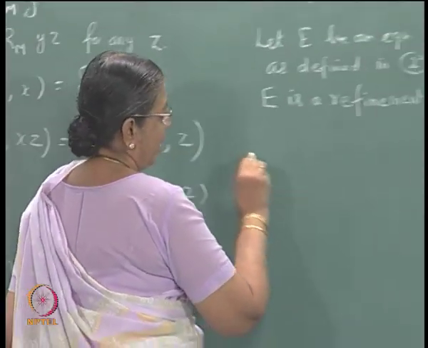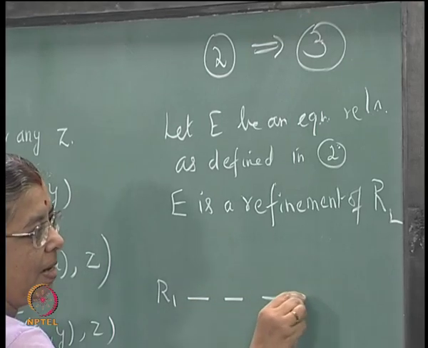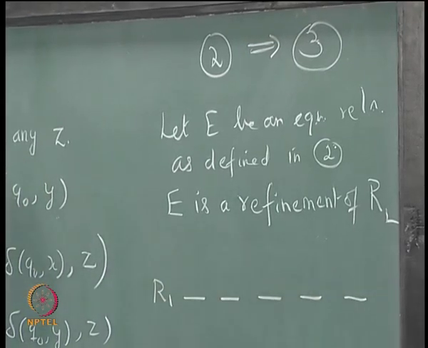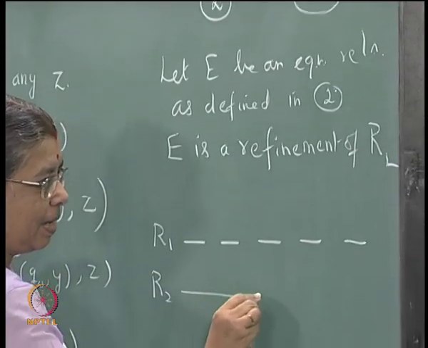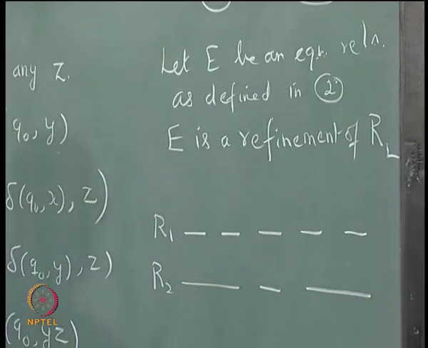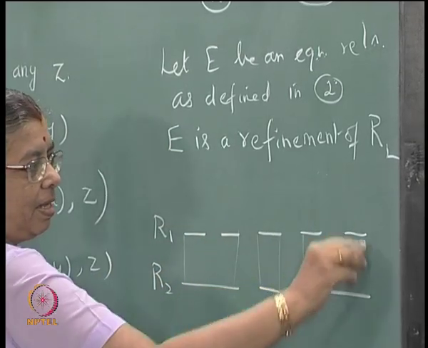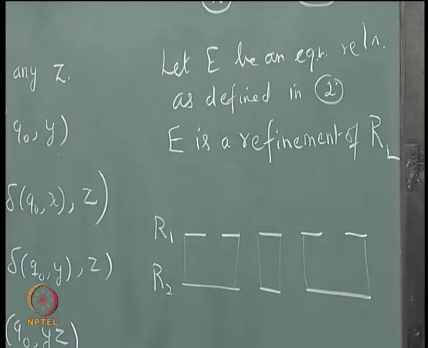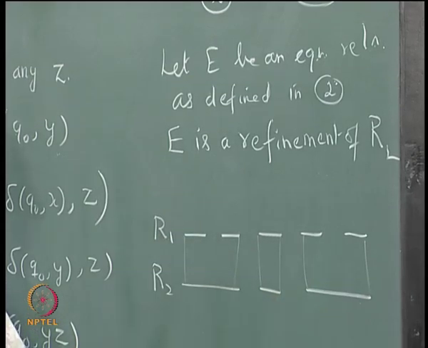See, there is one equivalence relation which partitions the set like this, another equivalence relation something like this. These two belong to this, these two. R2 is an example, R2 has 3 equivalence classes, R1 has 5 equivalence classes.